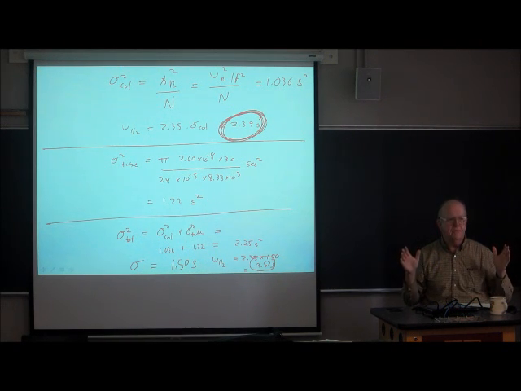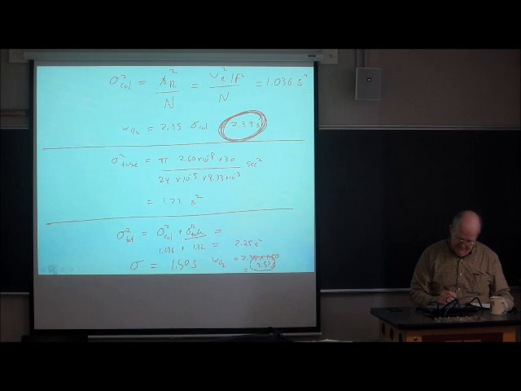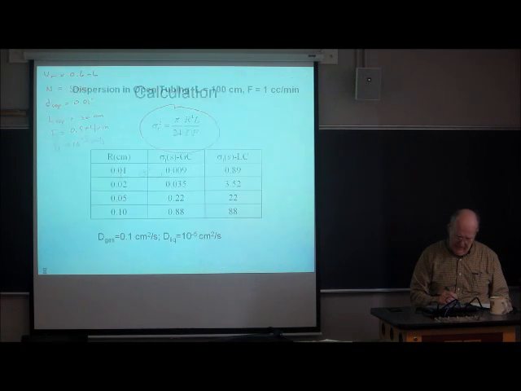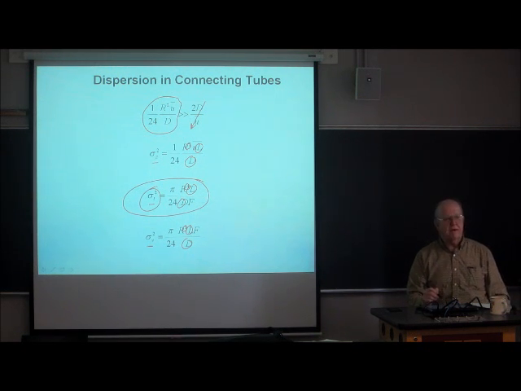Use narrower tubing. It's already 1/100 of an inch. You could go to 0.005, and this term would go down a lot, because this is the seconds-based variance, or the volume-based variance. They go with the 4th power of the radius, not the square of the radius.